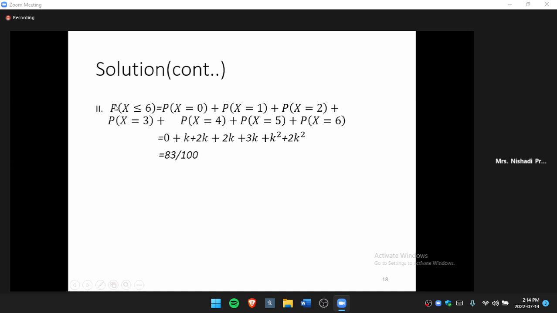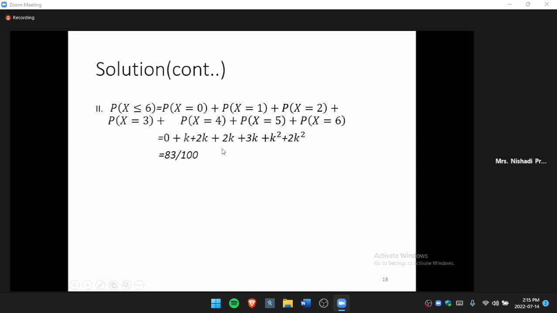Probability that x is less than or equal to 6 means any value of the random variable x which is less than or equal to 6. So it can be either 0, 1, 2, 3, 4, 5, and 6, because it is equal to 6. To find that probability, you have to add all the probabilities of x equals 0, 1, 2, 3, 4, 5, and 6.